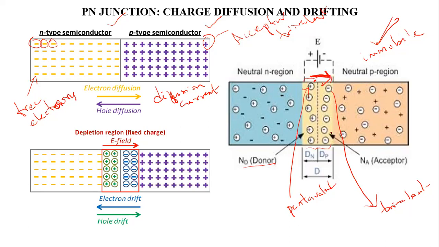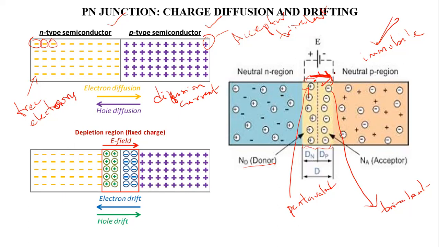So there will be a certain specific region of length. That length on the p side and the n side is called the depletion region. So this is a junction. On the n side, you have a certain depletion region. On the p side, also you have a certain depletion region. And in the depletion region, there is already a built-in electric field.